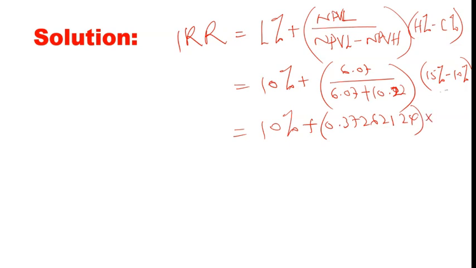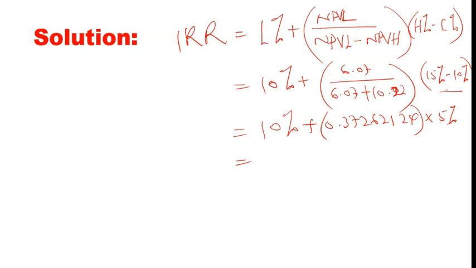Multiply by 15% minus 10%, that's 5%, so multiply by 0.05, or just say multiply by 5, since we know it's a percentage.